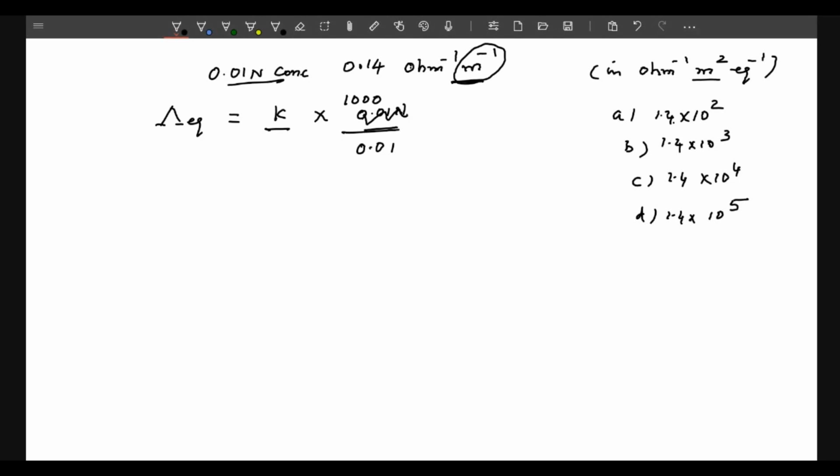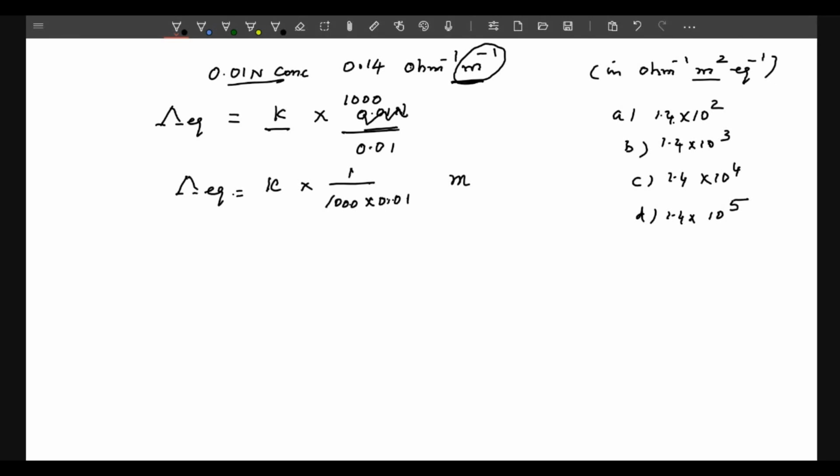In that case, the equation you should use should not be 1000 by 0.01, but the formula with kappa into 1 by 1000 into 0.01, per molarity, per meter square.